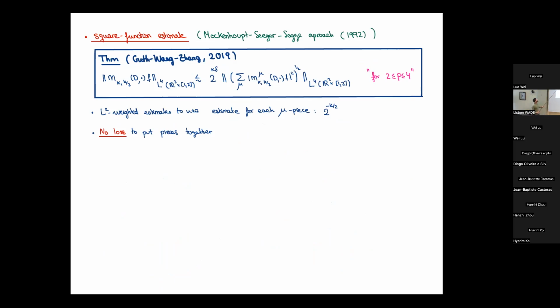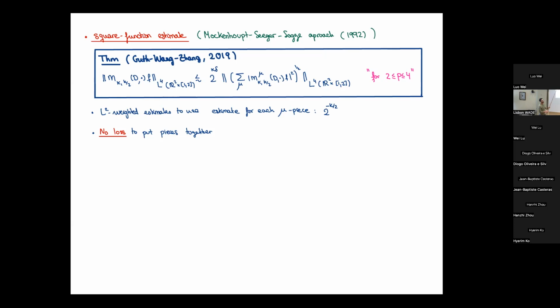This was introduced by Mockenhaupt in the 90s, and the key point here is to do it with no loss. If this was in L2, this would be immediate. And then the question is to do it with no loss for other values of P. It was conjectured that for L4 it should be possible, and this was recently solved by Wu, Wang, and Zhang.